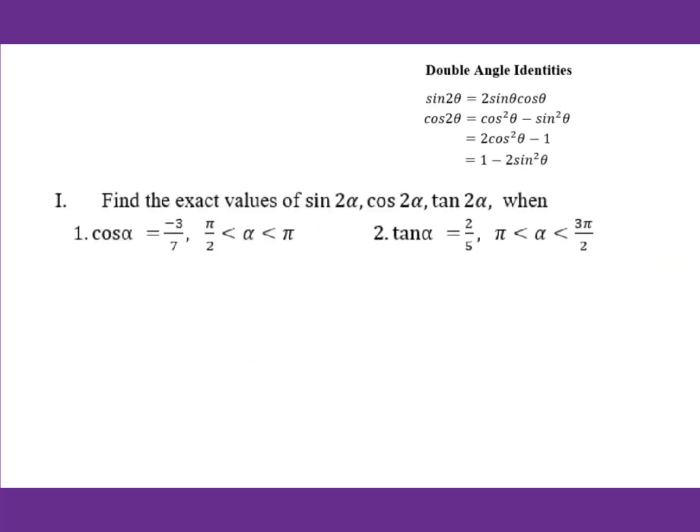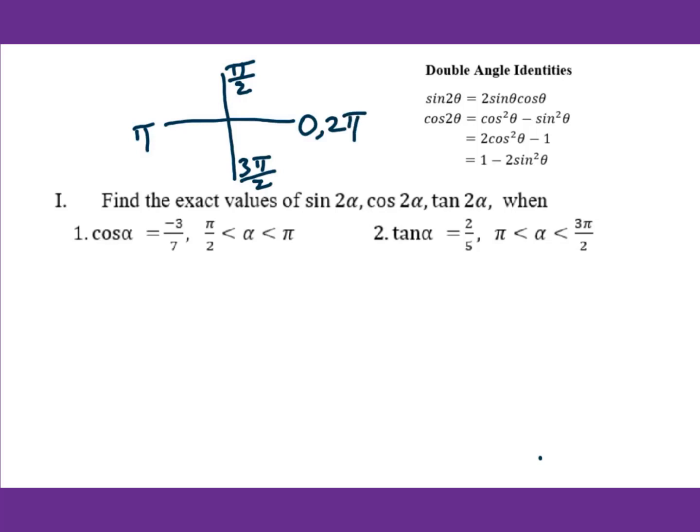Let's go to number 1. Find the exact value of sine 2 alpha, cosine 2 alpha, and tangent 2 alpha, when cosine alpha equals negative 3 over 7, and alpha is between pi over 2 and pi. We know this is 0, pi over 2, pi, 3 pi over 2, and 2 pi.